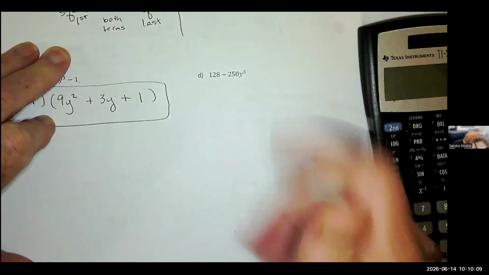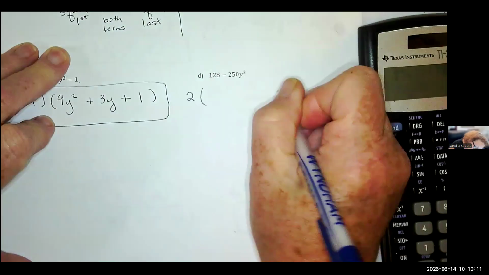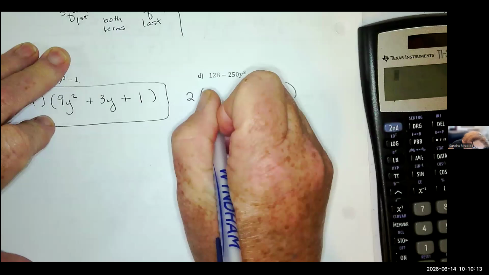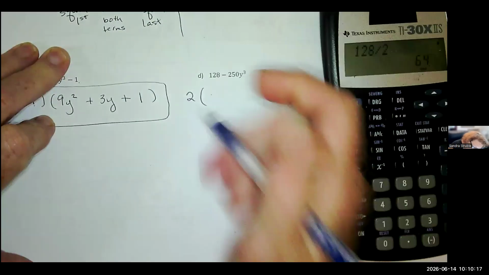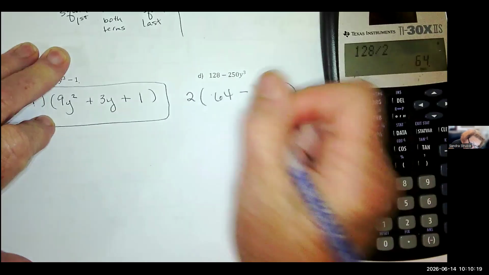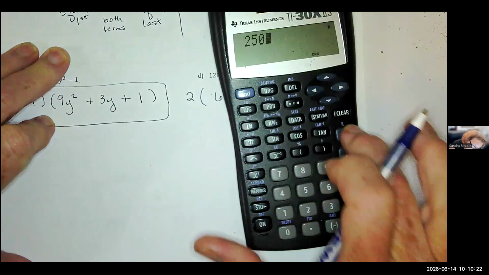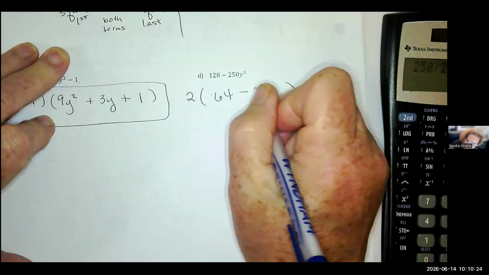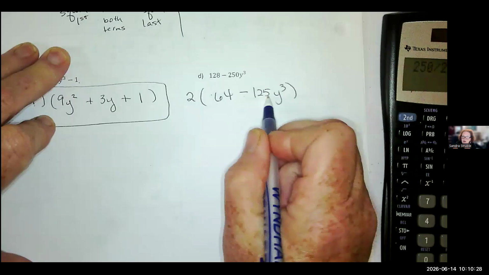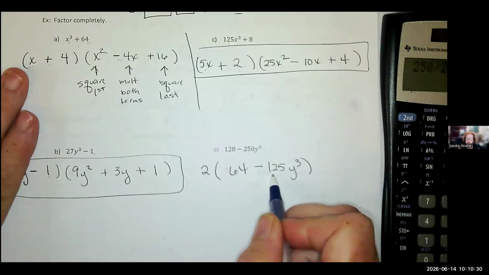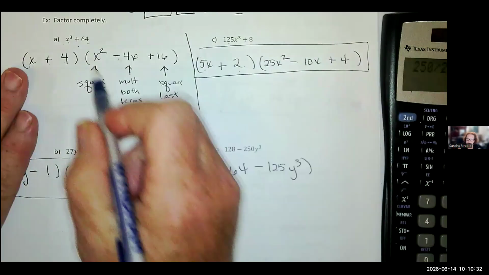And when I do that, I have 128 divided by 2 is 64, minus 250 divided by 2 is 125, y cubed. Now we have the difference of two cubes. I know they're cubes because 125's cube root is 5, 64's cube root is 4. So I'm done with my calculator for now.